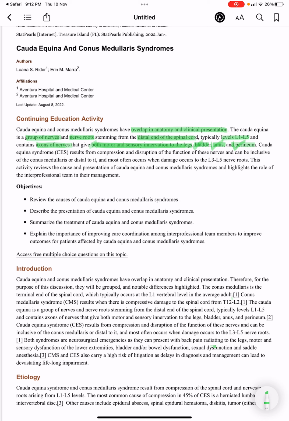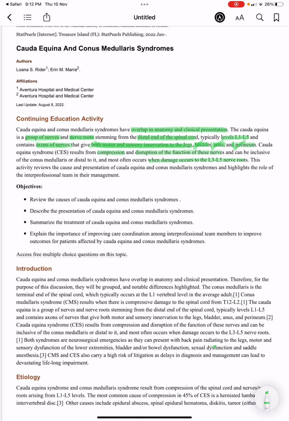Cauda equina syndrome results from compression and disruption of the function of these nerves and can be inclusive of the conus medullaris or distal to it, and most often occurs when damage occurs to the L3 to L5 nerve roots.